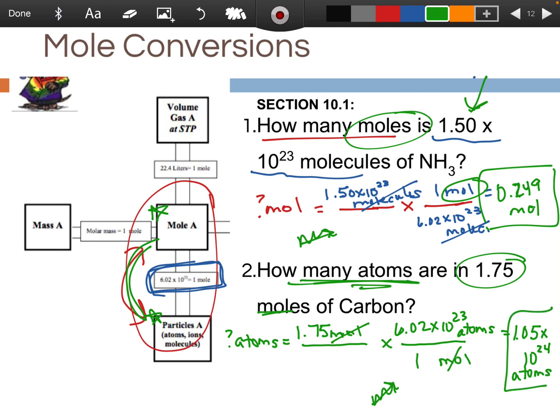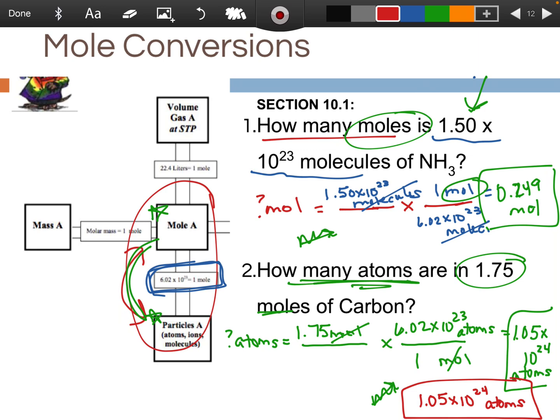Sorry, I kind of ran out of space here. So my answer, I'll rewrite it down here at the bottom, would be 1.05 times 10 to the 24th atoms. It's super important that you add the times 10 to the 24th because that is part of the number.